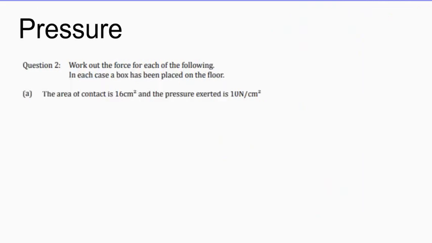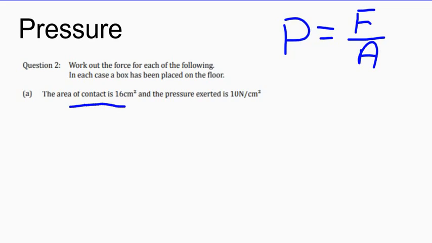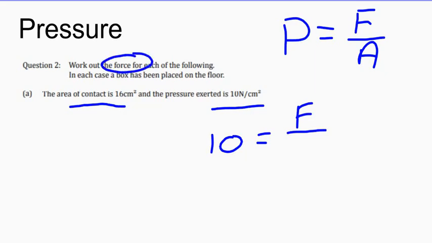Now question 2 looks like this. Remember, pressure equals force over area. The difference here is it tells me the area and it tells me the pressure. So I'm going to write it like this: 10 equals, I don't know what the force is, that's the thing we're trying to work out, over 16.